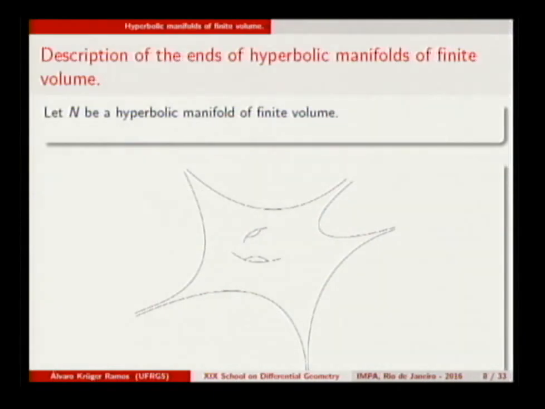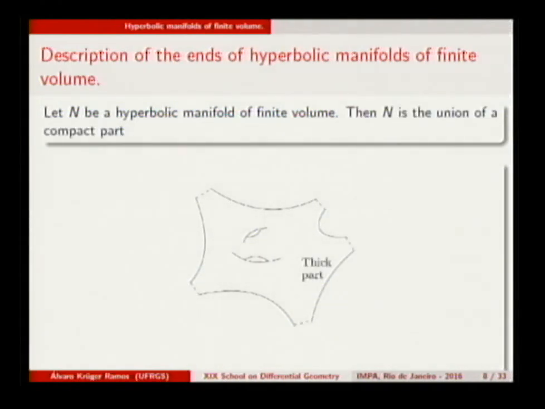Okay. So before I prove the properness theorem, the second one I presented to you, I will talk a little about the hyperbolic manifolds of finite volume, give you some pictures, and show you the geometry of these manifolds. So fix a hyperbolic manifold of finite volume. The picture you should keep in mind is something like this.